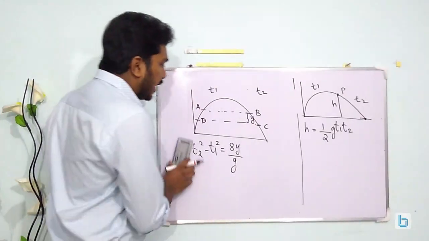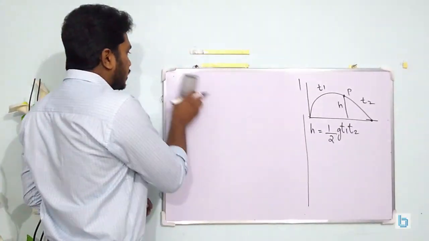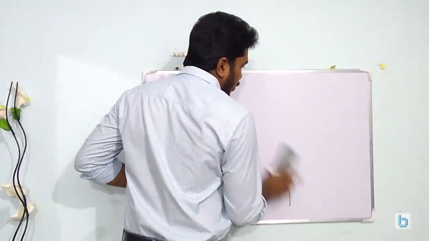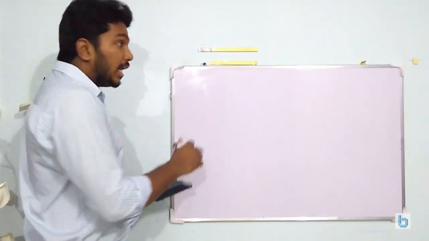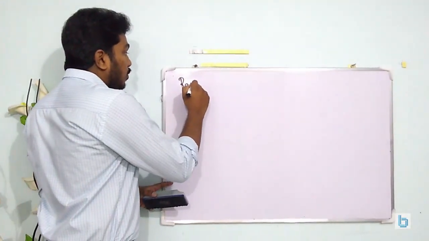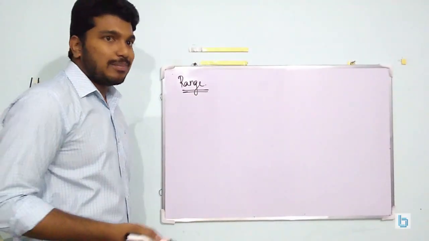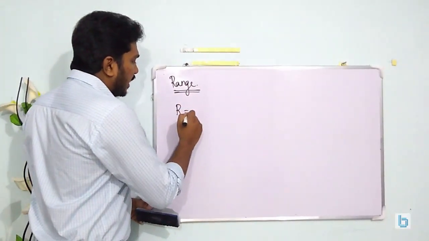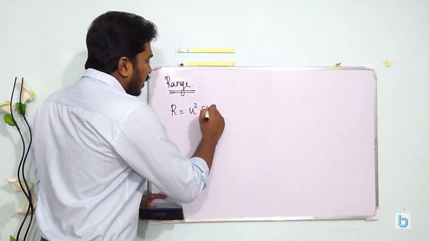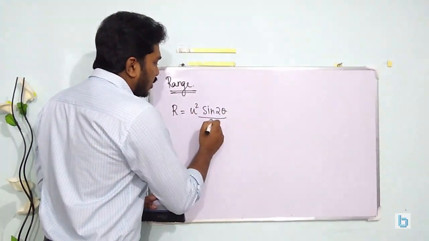Okay, right. Let's move on to the next one, and that is the range of a projectile, the maximum horizontal distance between the initial and final point. The range is given by u square sine 2 theta by g.